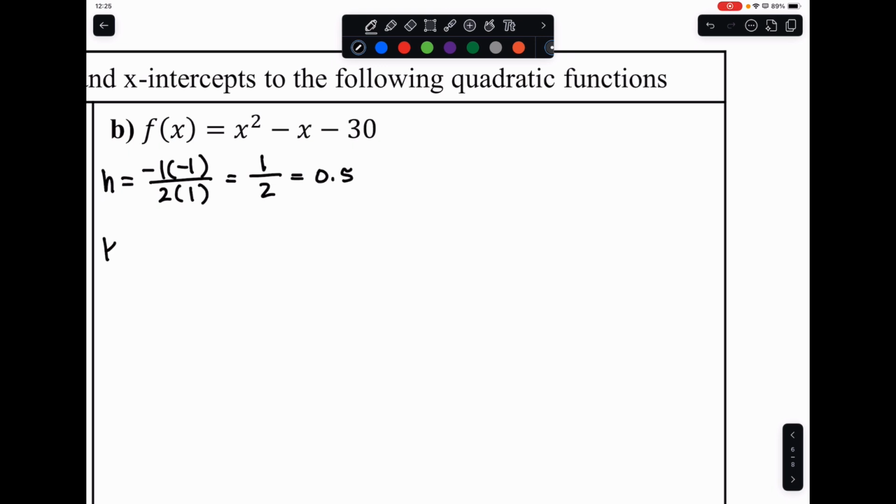Now to figure out the k value, I'm going to use that number and plug it into my x. So we have x squared minus 1 times x minus 30. So we have 1/2, 1/2. Or if you want to use the decimal value, you're more than welcome to use 0.5 if you're not keeping the fraction of 1/2.